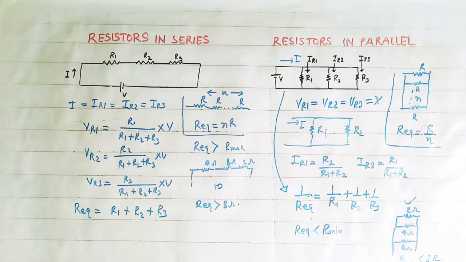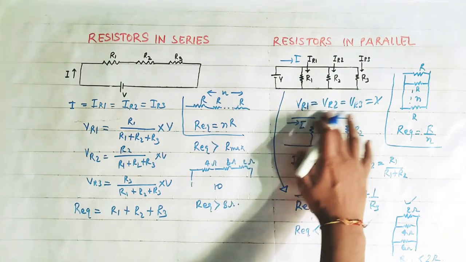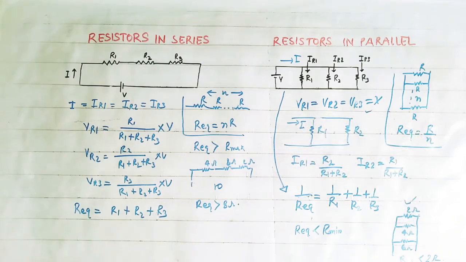When resistors are connected in parallel, the voltage across each resistor is the same, and the current is distributed among the resistors in the inverse ratio of their resistance. The equivalent resistance is given by 1 upon Req equals 1 upon R1 plus 1 upon R2 plus 1 upon R3.